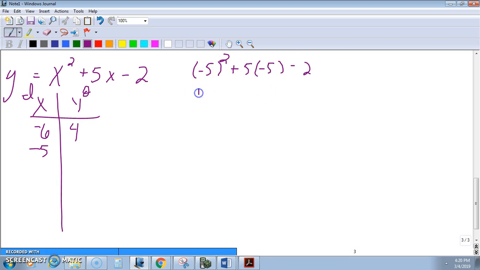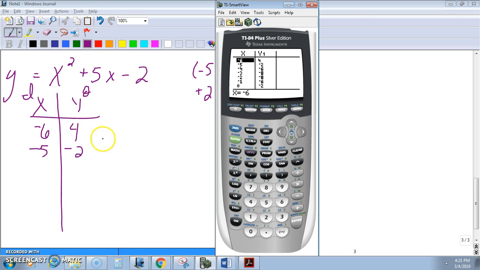So -5 squared is positive 25 plus 5 times -5 is -25. So check that out, you guys. That just cancels. Positive 25 plus -25 minus 2. So if my input is -5, my output is just -2. Does that match? Yep. Look, I'm going to arrow down to -5. If I input -5, my output's -2.